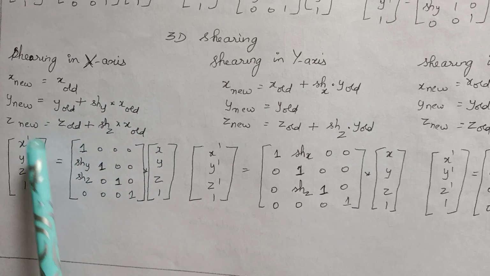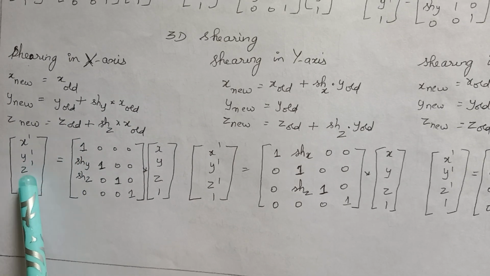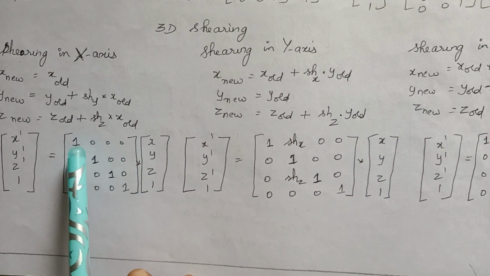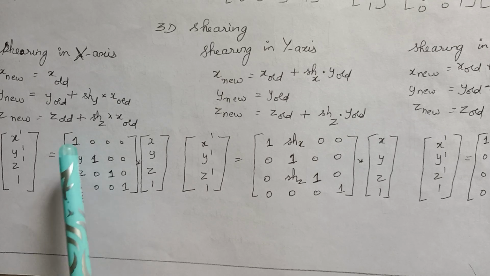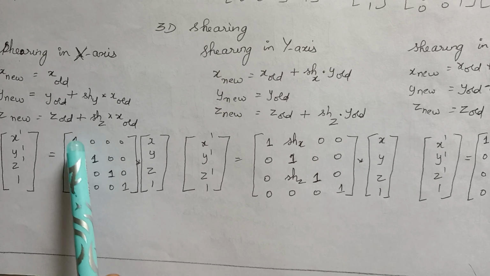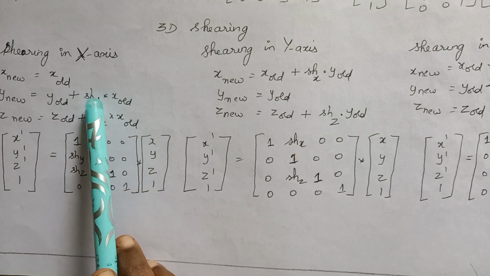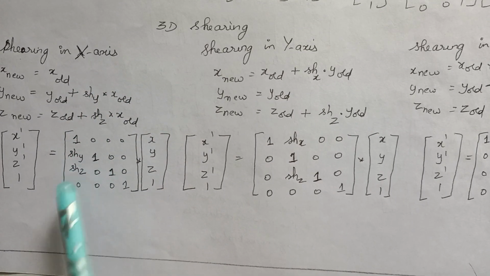If you write in matrix form, it will be x dash, y dash, z dash, 1 in a homogeneous matrix, where the diagonal will be 1 only, and in the first column you write shy and shz.